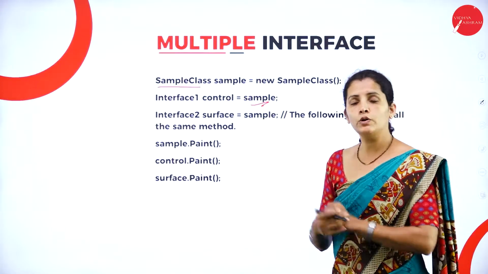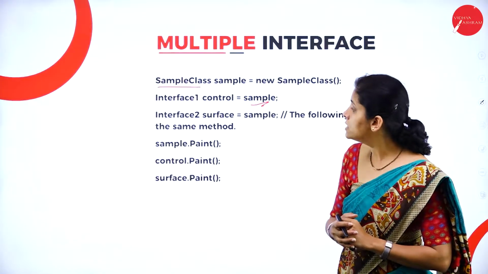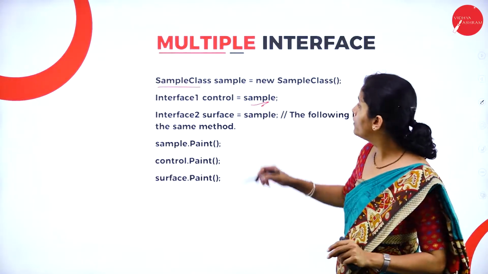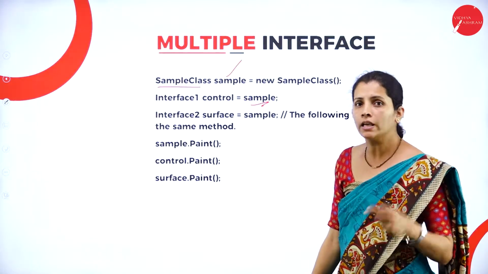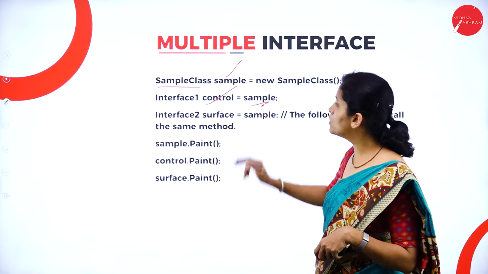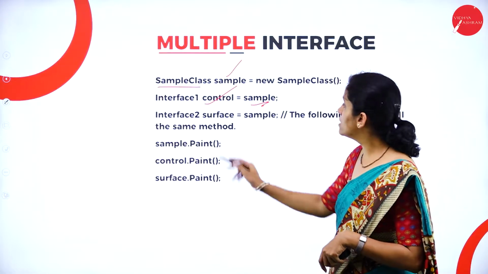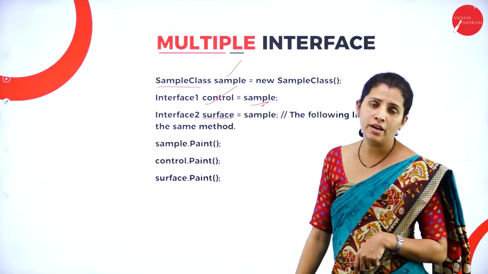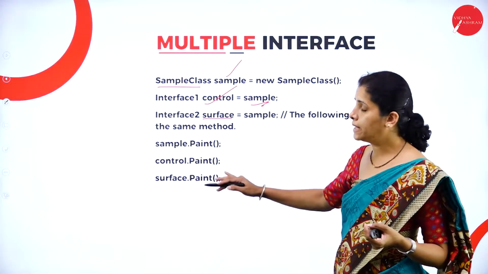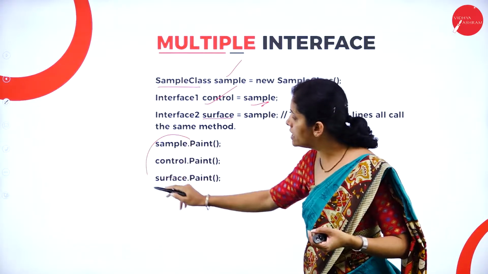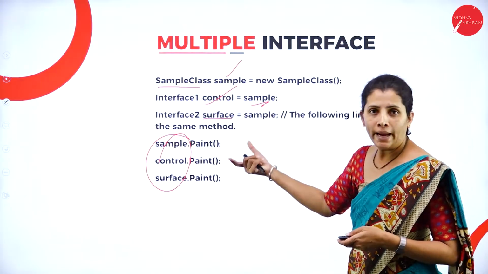So I am going to assign the class object to the interface object. Now, with the help of sample, I can call the paint method. Even with the help of control, I can call the paint method. Even with the help of surface, I can call the paint method. That means by using three objects, I can call the paint method.